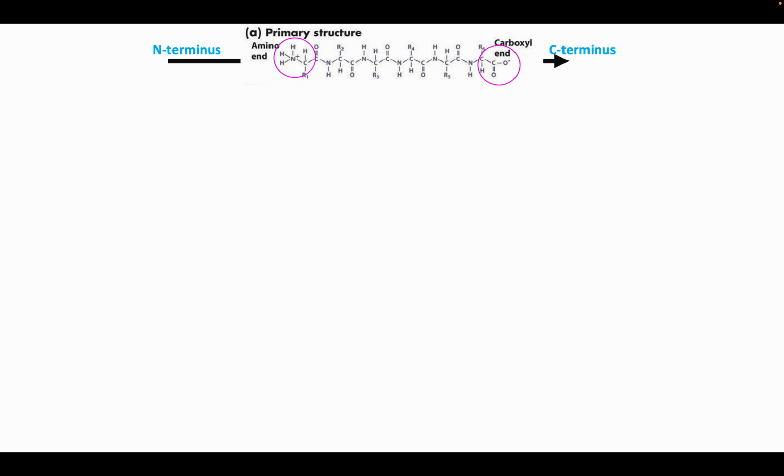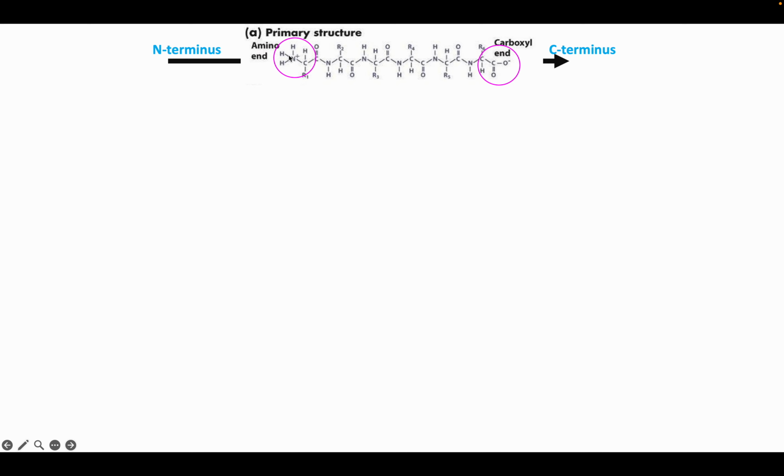Okay, here's some review. I know in BMB 280, you have learned about the various structures of a protein. We have primary structure, which is simply the amino acid sequence of a protein molecule. And we talk about those proteins having an N terminus and a C terminus. What do we mean by that?